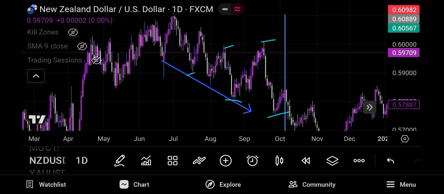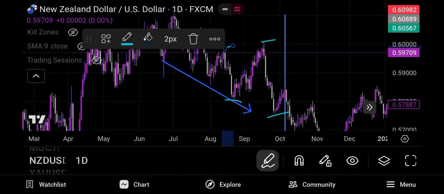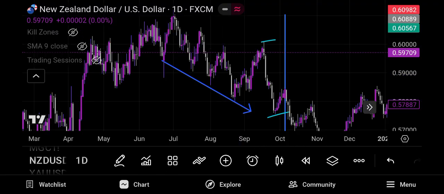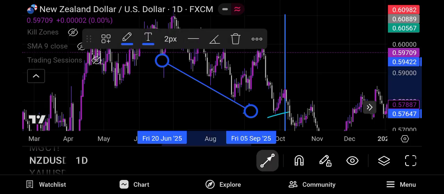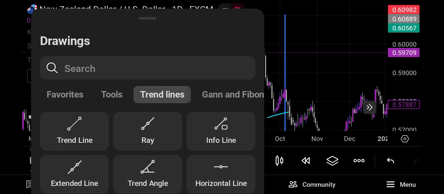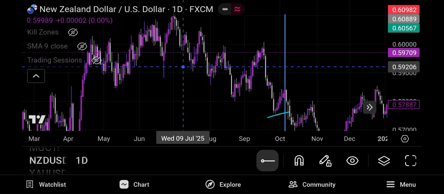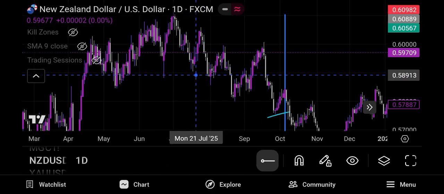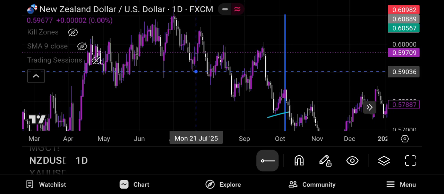Now, using the concept of break of structure, how do we identify this trend is still continuing to a downtrend? I'm going to mark out all the lows with trend lines. When marking out the lows, please put them at the tip of the wick, not the body.